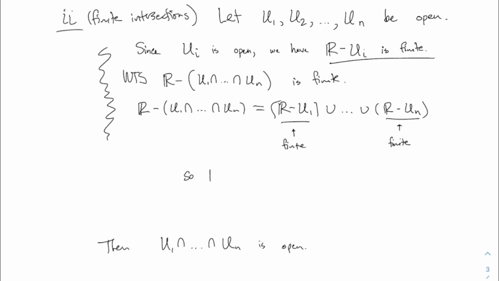So R minus U1 intersect UN is finite. And therefore, that's the last thing that I need to write. That means that the intersection is open in the finite complement topology.